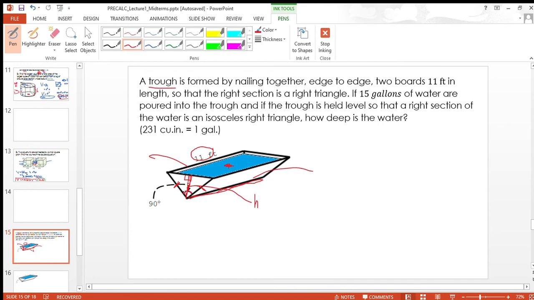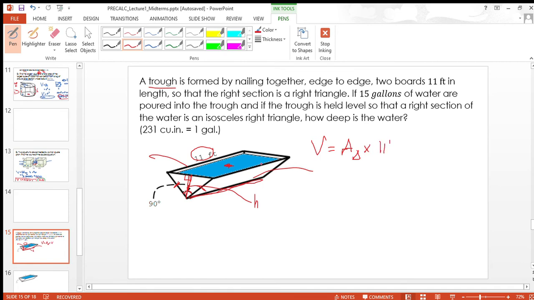So that becomes the base, so that the volume will be area of triangular base multiplied by the height, which is 11 feet.